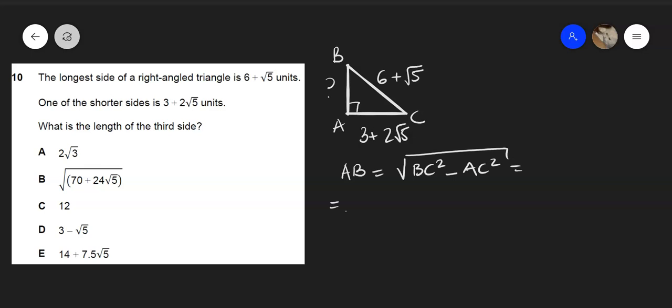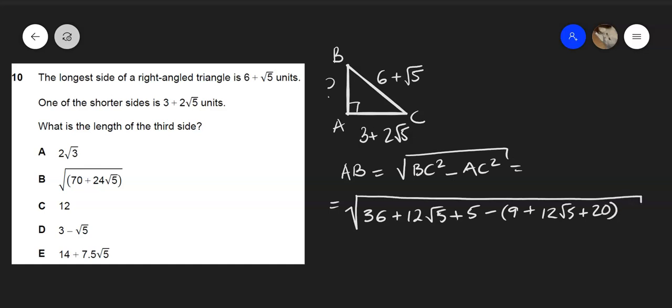Let's do the substitution. Square root of BC squared, so we need to square 6 plus root 5, which is 36, plus 12 root 5, plus root 5 squared, which is 5, minus, in the brackets, we have the side AC squared, so 3 plus 2 root 5 squared, that's 9, plus 12 root 5, plus 4 times 5, 20.